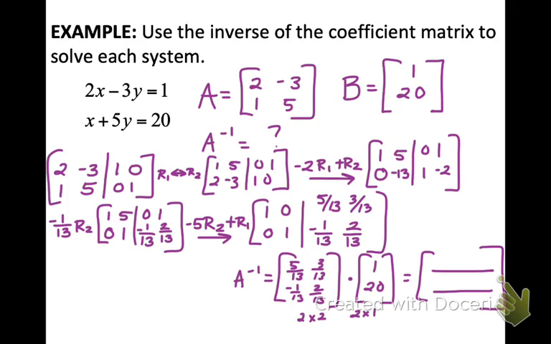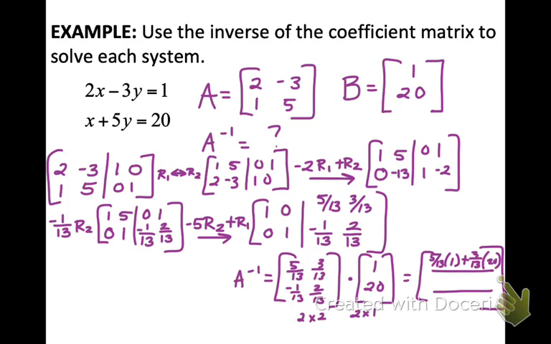So do we remember how to multiply? Take my digits in the first row, connect them with the digits in the column. So the 5/13 matches up with the 1. And I'm going to add to that 3/13 times 20. So that would be 5/13 plus 60/13. So 65/13.